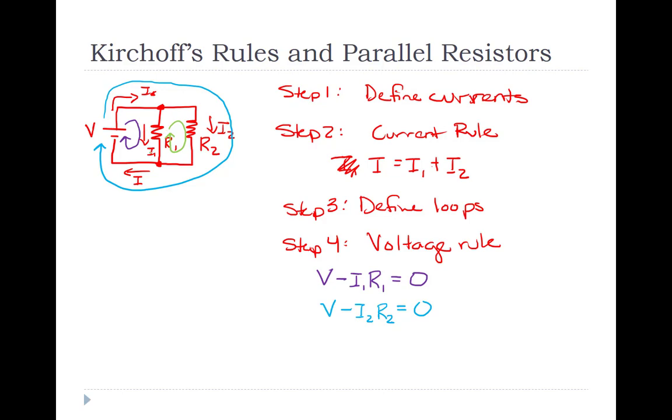The loop is up, the current is down. Therefore, by the sign convention, I add in that voltage, so I add in I1 R1. At the junction, I turn and take the right and follow I2 down through R2. For I2, my current and my loop are in the same direction, so I subtract.